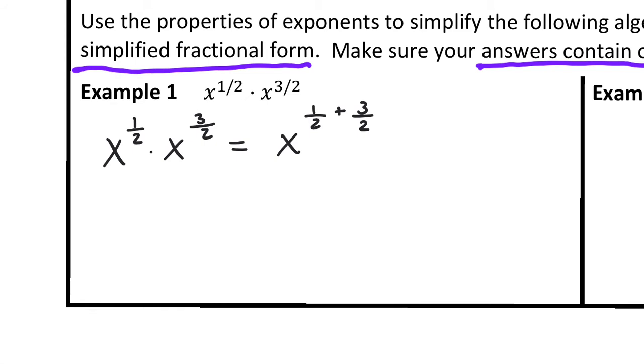Since they both have a denominator of 2, that means the numerators can add. If I add 1 plus 3, that gives me 4 divided by 2. And so 4 divided by 2, that's x squared.